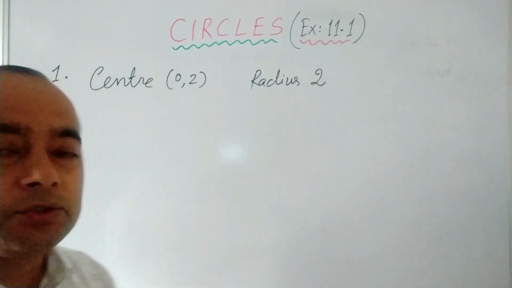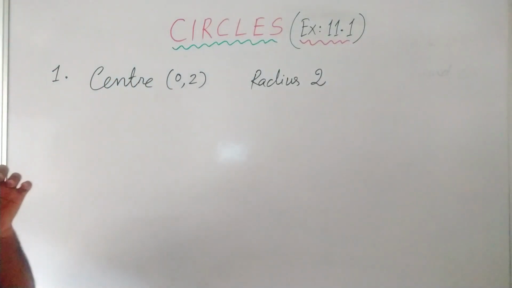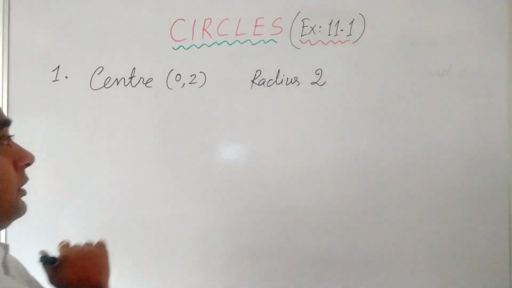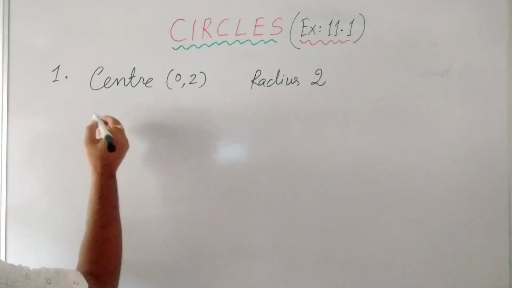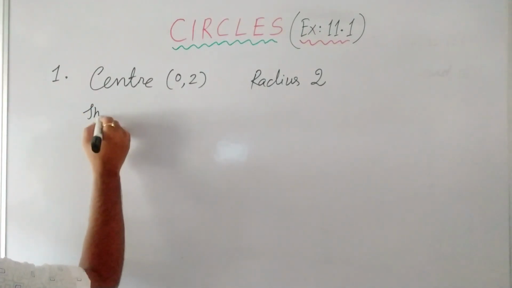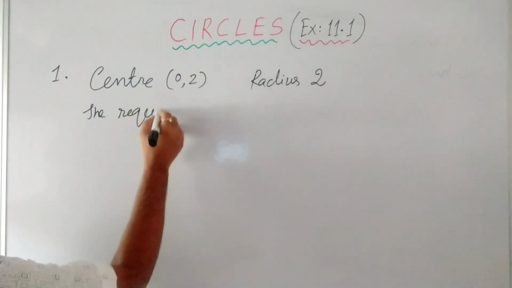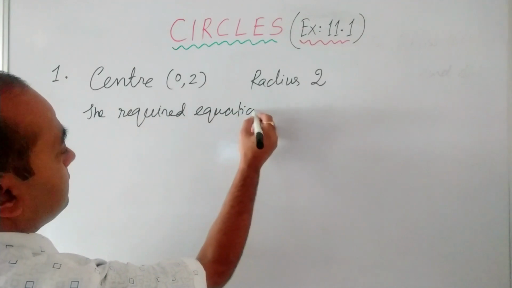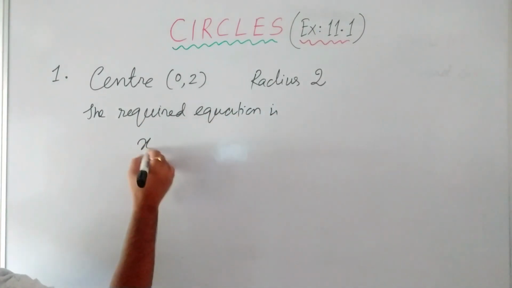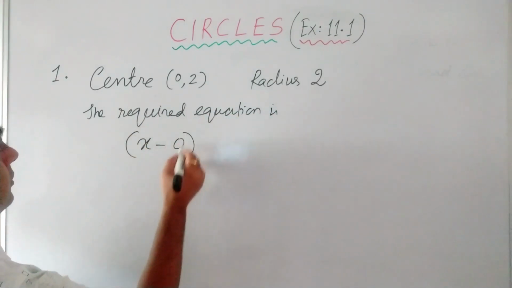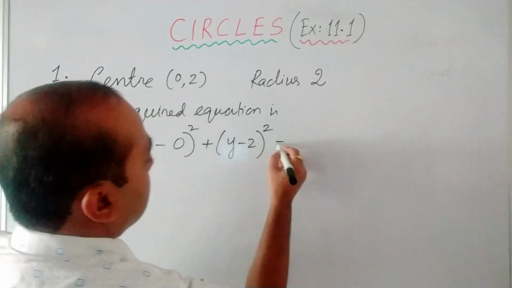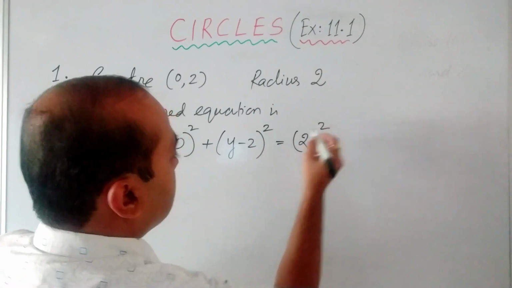So this is the first question of exercise 11.1. We have to find the equation of the circle with center (0, 2) and radius 2. So we'll write the required equation is (x minus 0) whole square plus (y minus 2) whole square equal to 2 square.